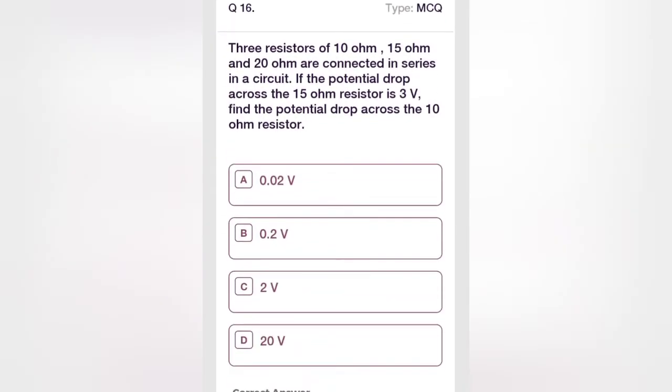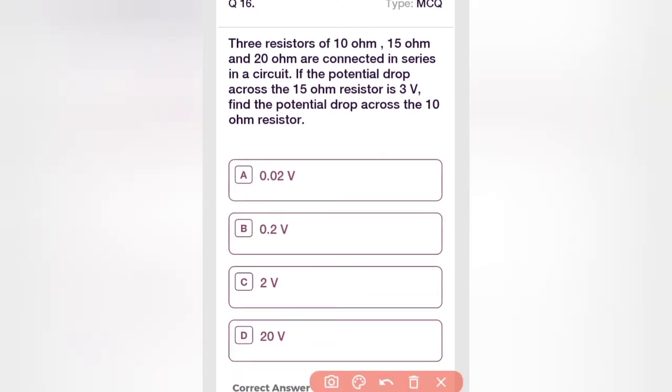Three resistors of 10 ohm, 15 ohm, 20 ohm are connected in series. If the potential drop across the 15 ohm resistor is 3 volt, find the potential drop across the 10 ohm resistor. So the same problem. Here we have the 10 ohm resistor, this is 15 ohm and this is 20 ohm.